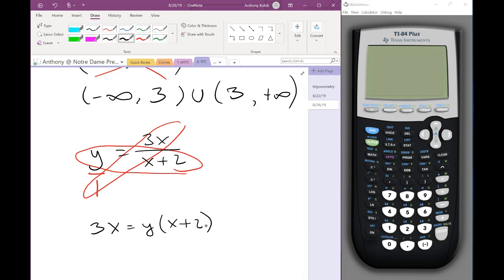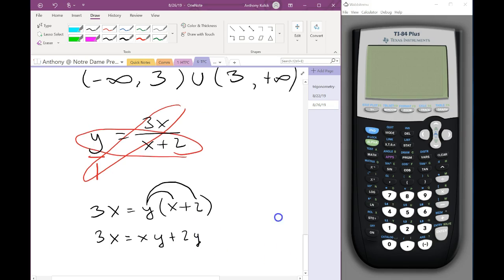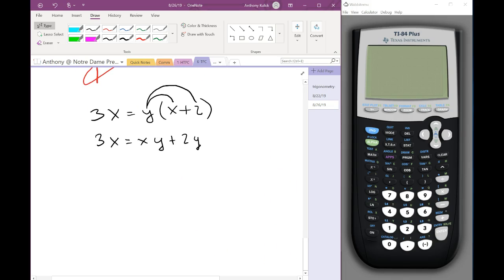Everybody okay with what we've done there as our first step? Then I'll distribute the y through. Everybody happy here? Again, we're trying to get the x by itself.